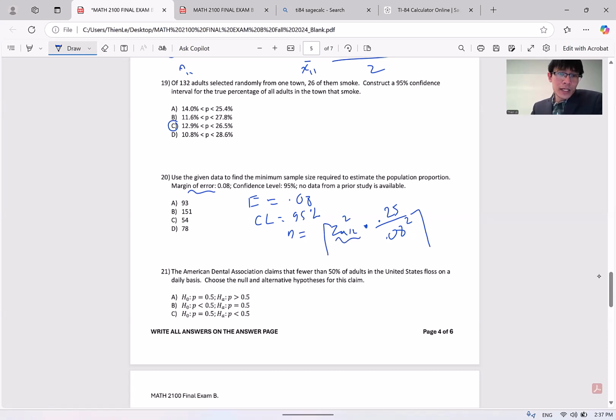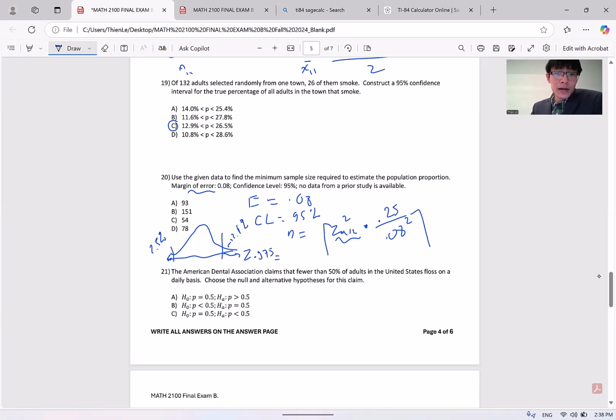Recall that for z alpha over 2 here, because you look at the 95% confidence level, each side will be 2.5%. So this guy is basically z of 0.975.